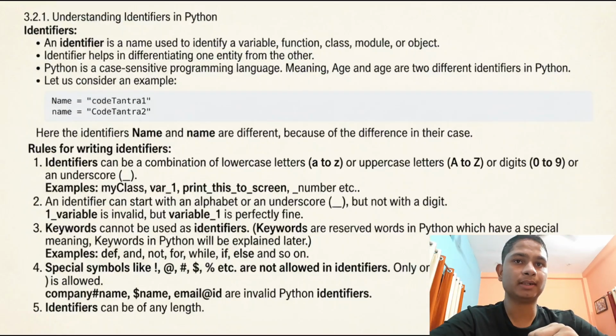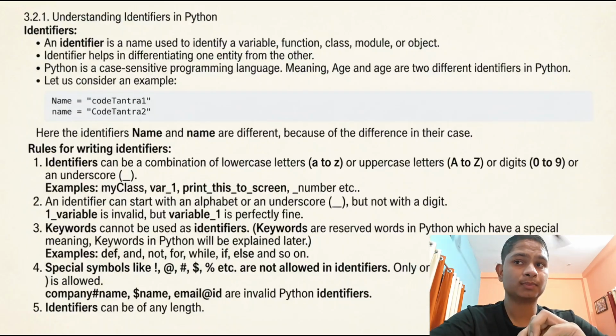Keywords are reserved words in Python which have a special meaning, and keywords in Python will be explained later. For example, those keywords are def, and, not, for, while, if, else, and so on. These cannot be used as identifiers.